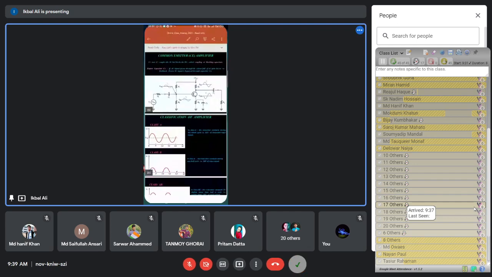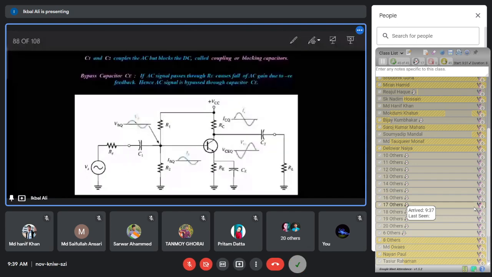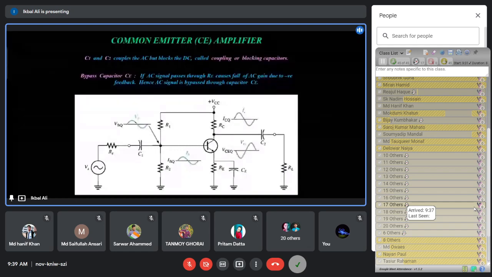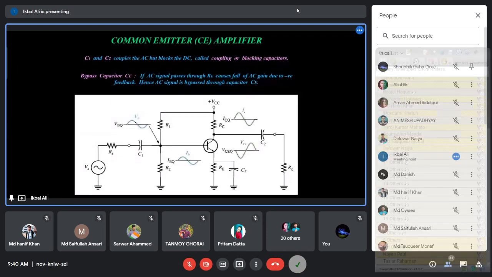Then you apply the signal to the circuit. That means you set the Q point in the middle of the active region. You are making these three-terminal devices operational first by applying some battery and resistances. That is called biasing.